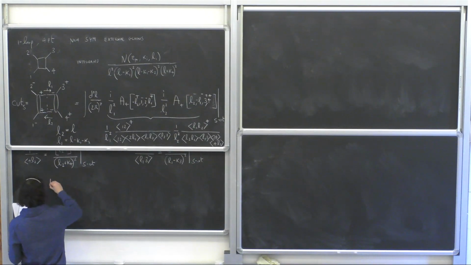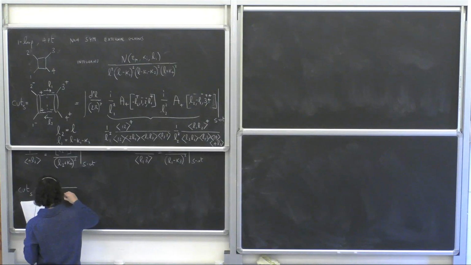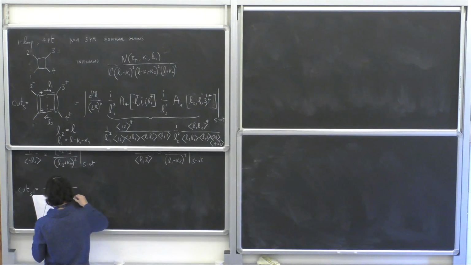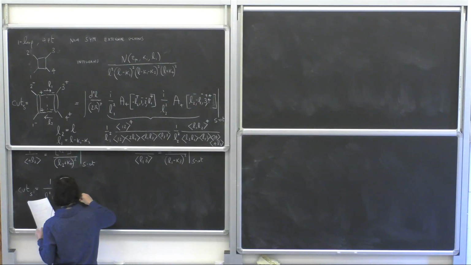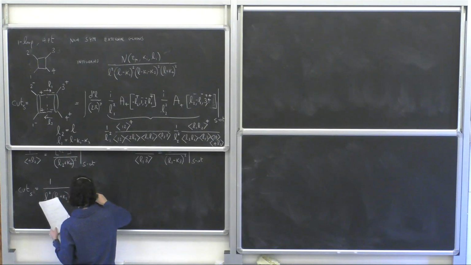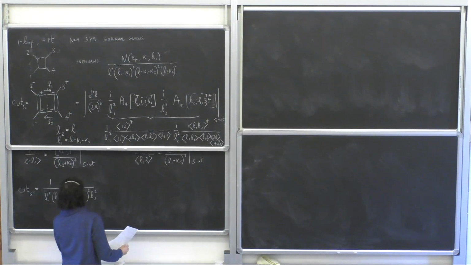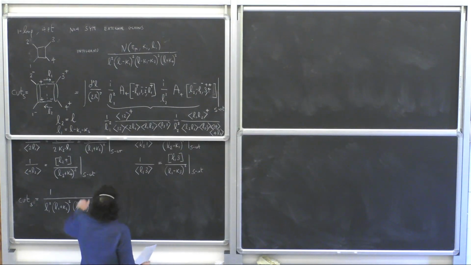We are going to have here L1 squared, here we have L1 plus K2 squared, here we have L1 minus K3 squared, and here you have L2 squared. Which by use of momentum conservation is the same structure which you see there in the denominator.